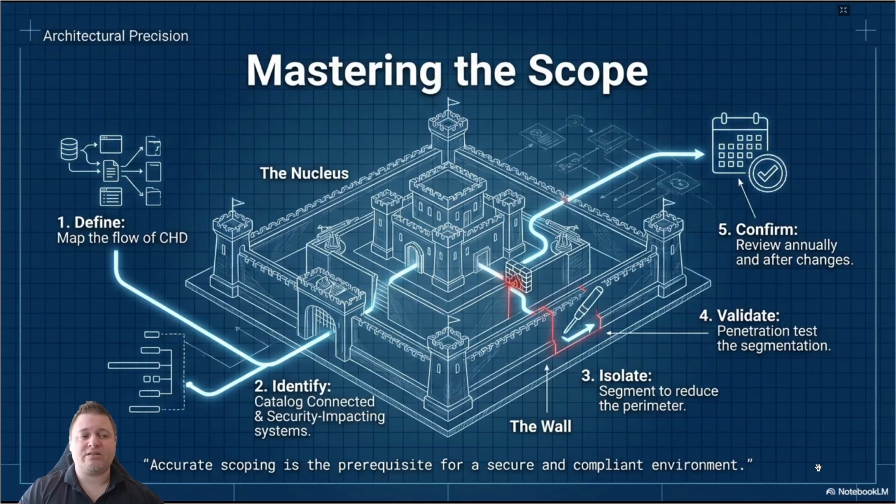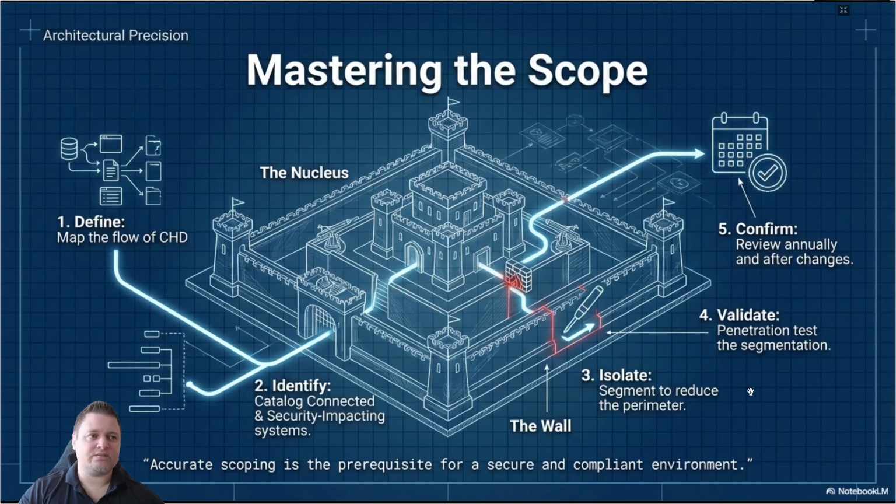If they need to add something, they better make sure they add everything they think they will need that's going to touch the CDE all at once, versus doing a pen test three or four times a year just because you make three or four changes within the year. It's kind of weird. Accurate scoping is the prerequisite for a secure and compliant environment.